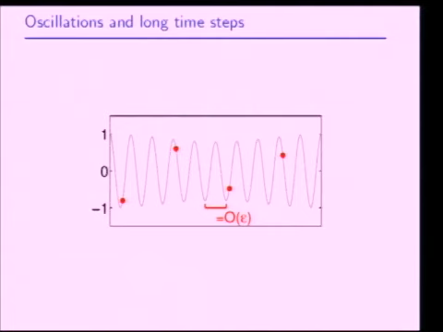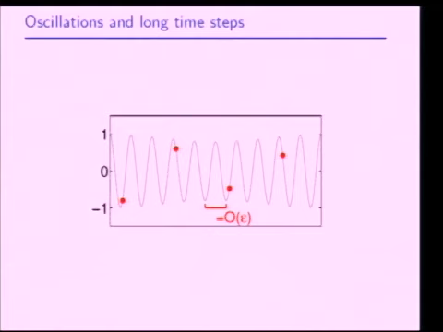And what you see, just by following me, this takes a long time. What we would like to do instead is to have a method which allows to get the same accuracy with much larger step sizes going over one or several quasi-periods.